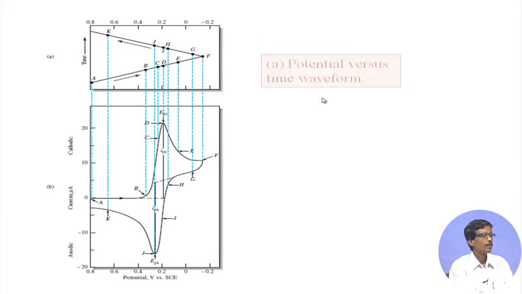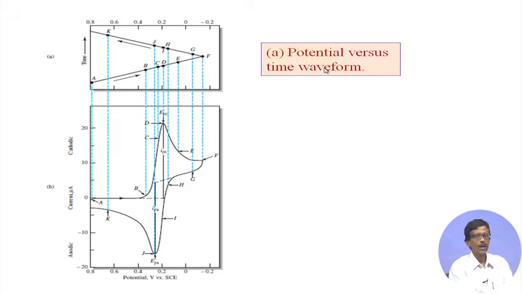And for this plot, we have discussed what sort of waveform you put to the electrode system, which is a 3 electrode system, and the corresponding potential applied to these electrodes, particularly the working electrode, because this potential is applied to your working electrode with respect to the reference electrode.